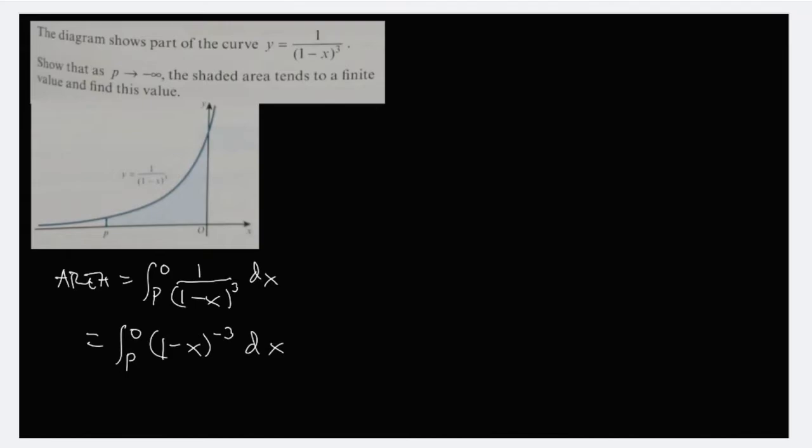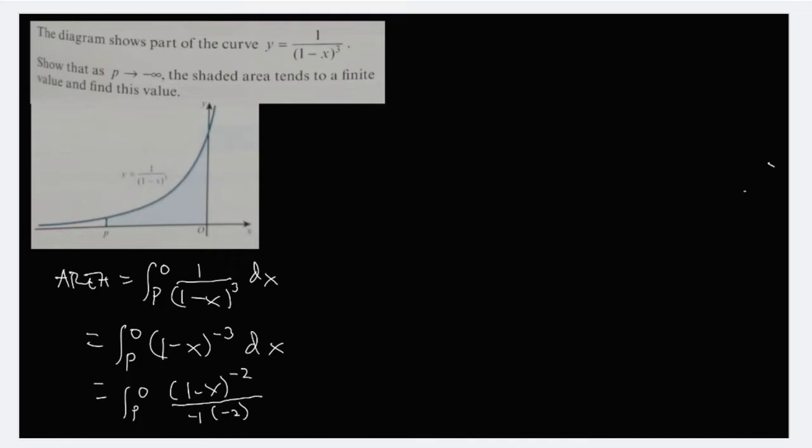This will be equal to the integral from p to 0 of 1 minus x, negative 3 plus 1 will be equal to negative 2, so we will have negative 2 here, and then the derivative of the inside. What is the derivative of the inside? That will give us negative 1. So that becomes negative 1 times negative 2.